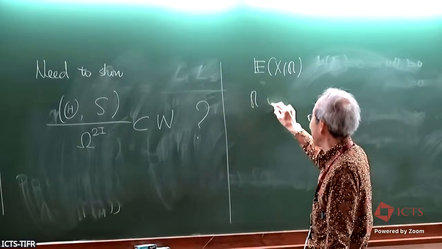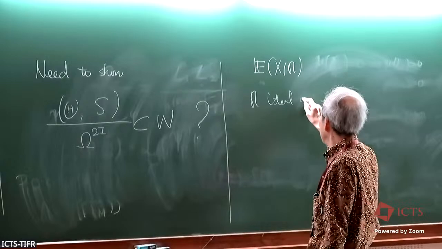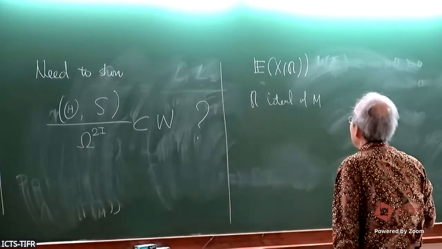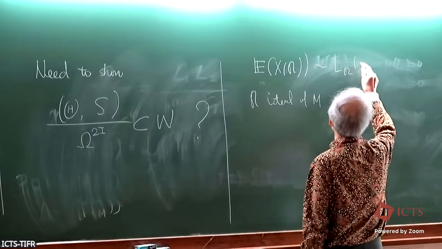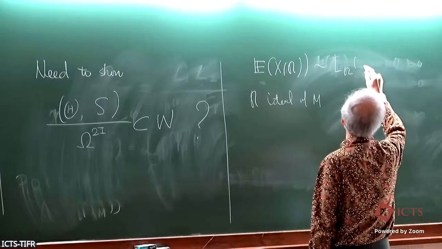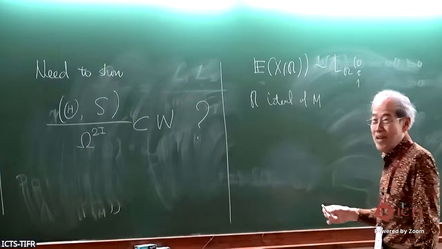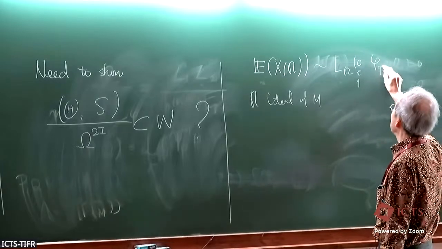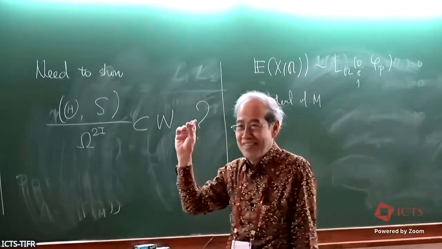A is an ideal of some order of M, and it is basically a partial L-function of like 0 or 1, depending on what choice you make, of some Hecke character phi E, the kind of thing that Jack explained, right?